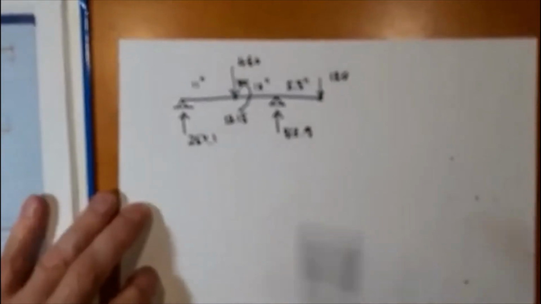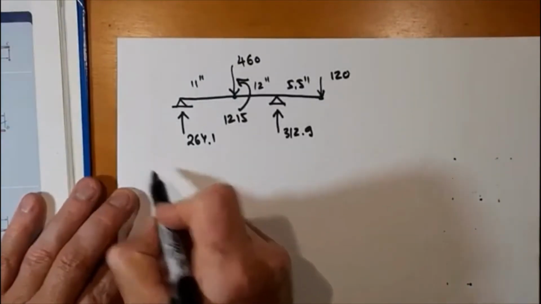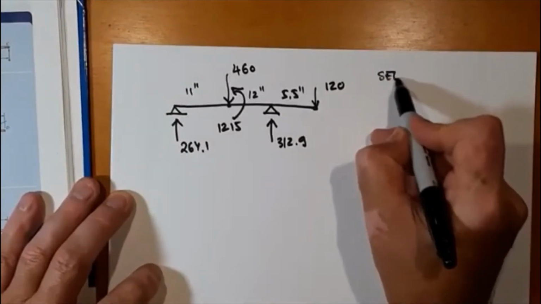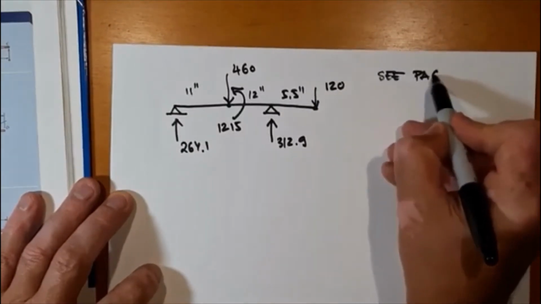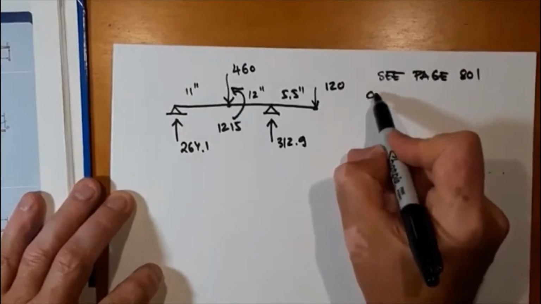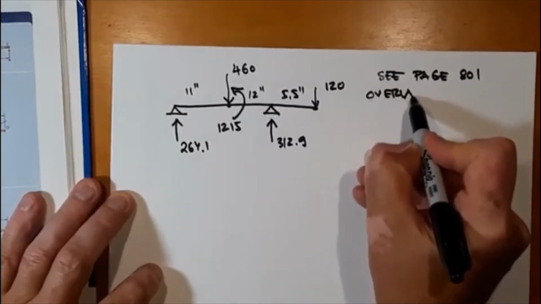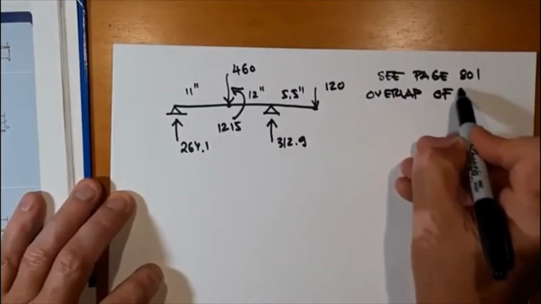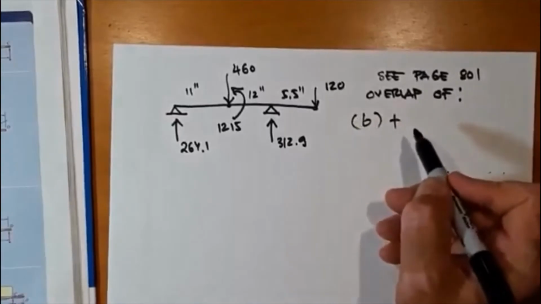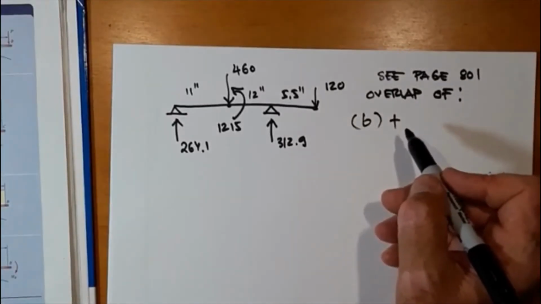All right, so let's take it. Does it have a case? Yes. So overlap of, I'm writing here, see page 801. There's an overlap of B plus, I hope you follow from your own textbooks.